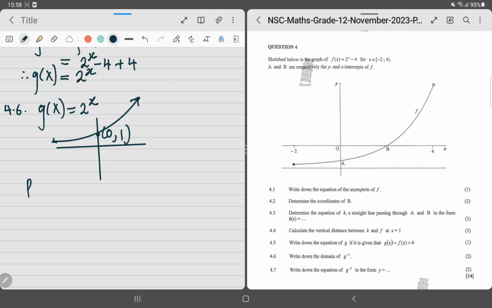So we know that the range of g of x, we can see that the range should be y greater than 0, because the graph doesn't go beyond that line y equal to 0. So the range should be y greater than 0. Therefore, the domain of g inverse will be given by x greater than 0.